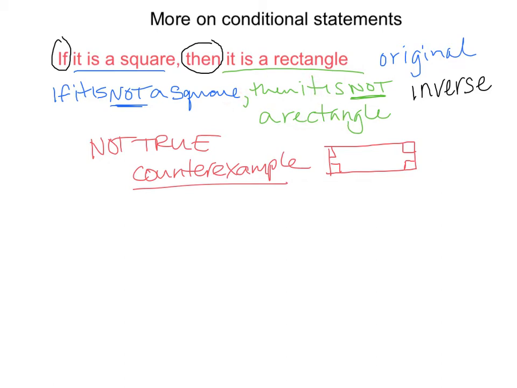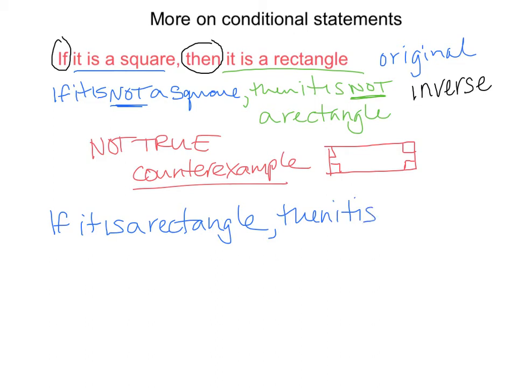So not true. Okay, we could also take the original statement and flip-flop the hypothesis and the conclusion. So we could say, if it is a rectangle, so it's positive again, then it is a square.